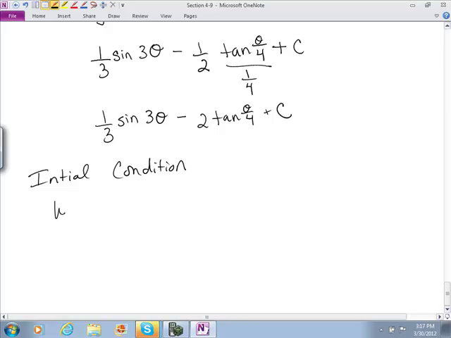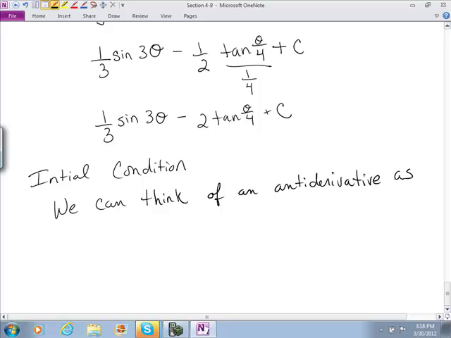So what we do is we can think of an antiderivative as a solution to the differential equation. So isn't this exciting? That's another math class you can take called DiffEq.